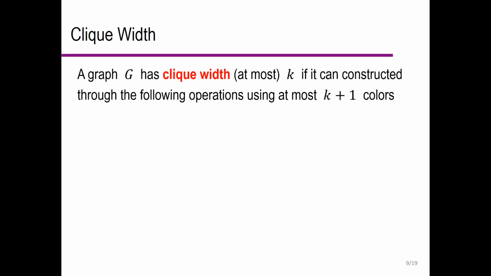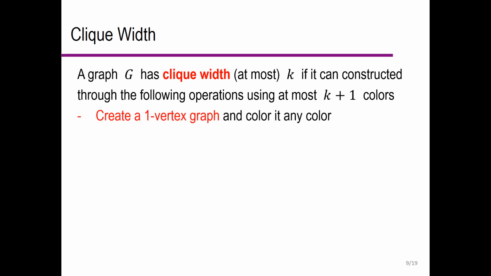Okay, the next generalization of this approach is clique width, the result that was obtained by Magnus Wahlström. So we start with introducing the clique width, because again we are going to build upon this measure and this result. A graph G has clique width at most k if it can be constructed using 4 operators, maybe applying them repeatedly, that use at most k plus 1 colors.